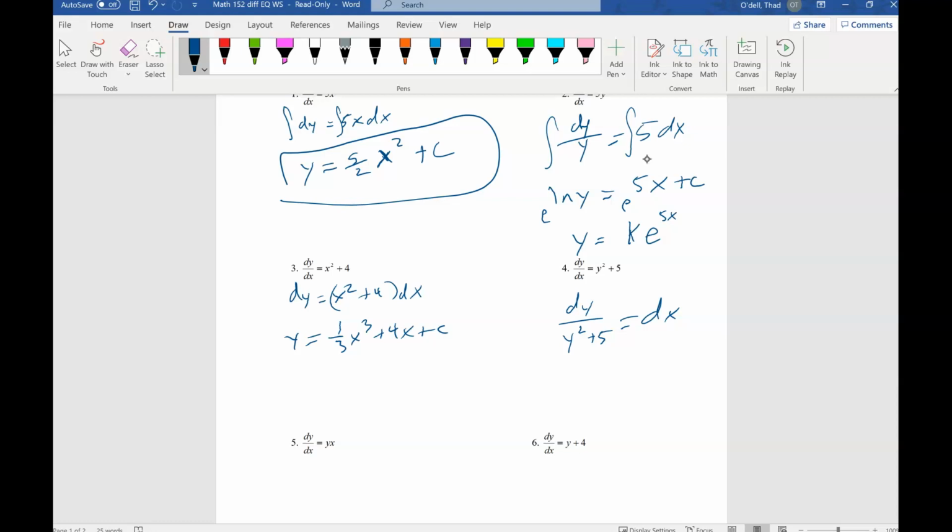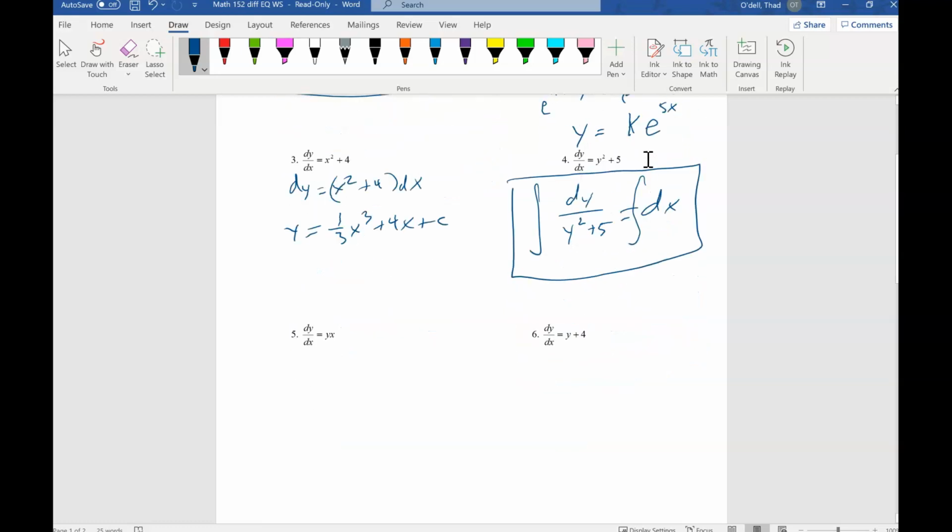And when we go to integrate both sides, it makes an integral that this class is not ready to integrate. So until we learn some future techniques, this is not going to be integrable.